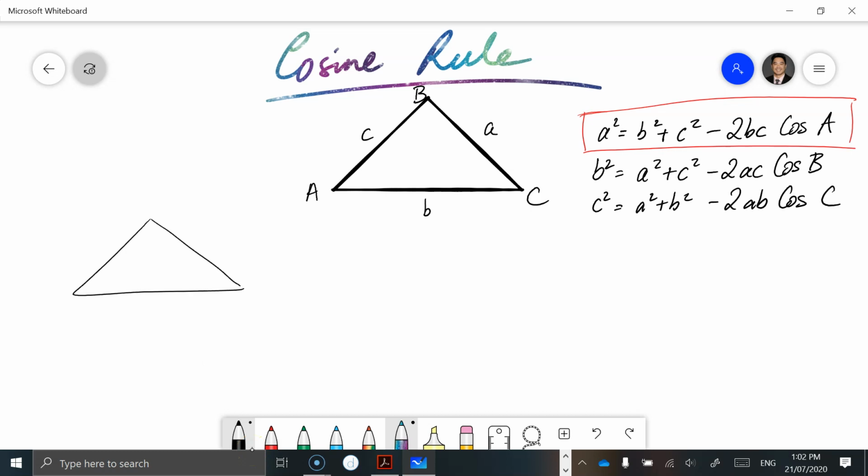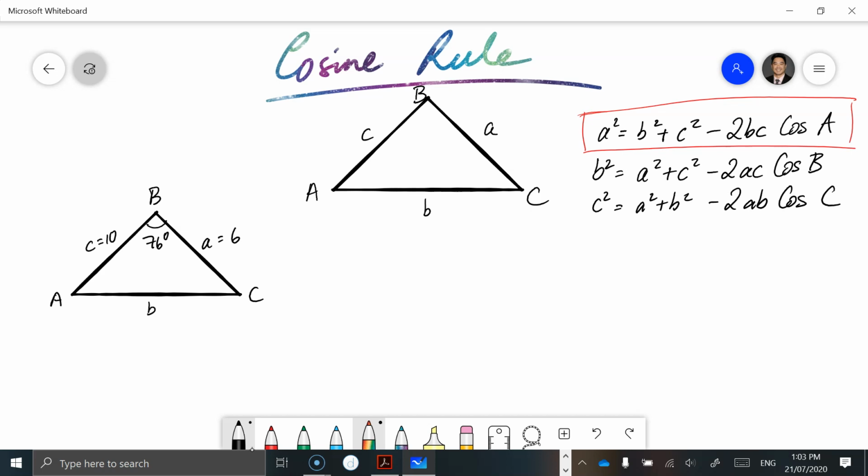Here we have a triangle, labeling them A, B, and C. We've got small c, I'm going to make that 10. Small a, we're going to make that 6. Vertex B is 76 degrees, and we don't know what b is.